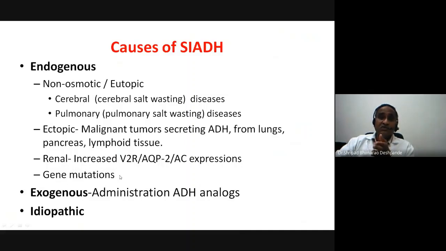The fourth thing is gene mutations. This gene mutation affects the synthesis of ADH. ADH is synthesized as a prepropressophysin molecule, a large molecular compound of around 160 or 158 amino acid residues, and ADH itself is only a nonapeptide, that is only 9 amino acid residues.